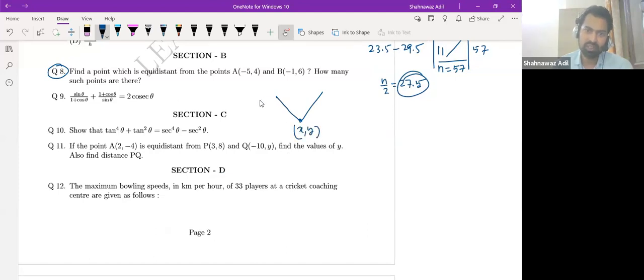This is equidistant from A, which is minus 5, 4, and B, which is minus 1, 6, right? And then we solve it.